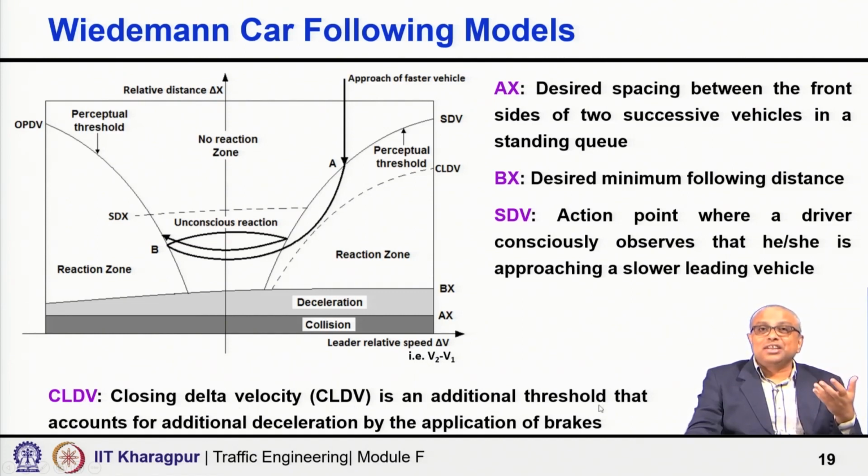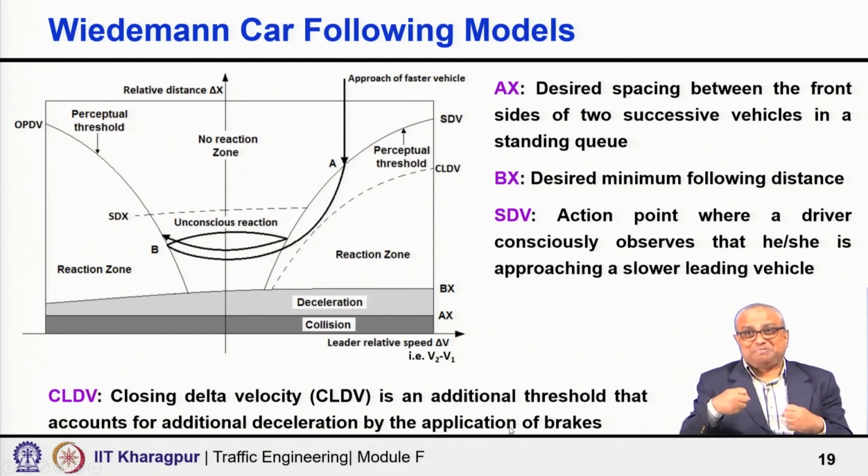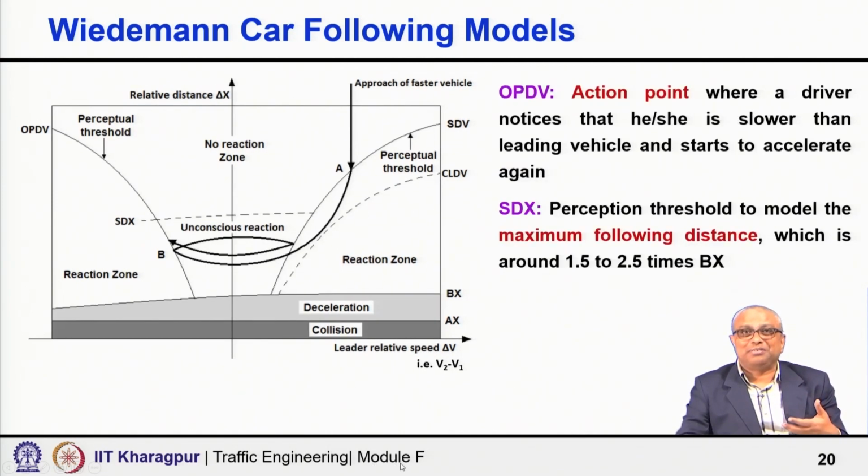This is an additional threshold that accounts for additional deceleration by the application of brakes. Because you have crossed that initial threshold, additional deceleration may be required.